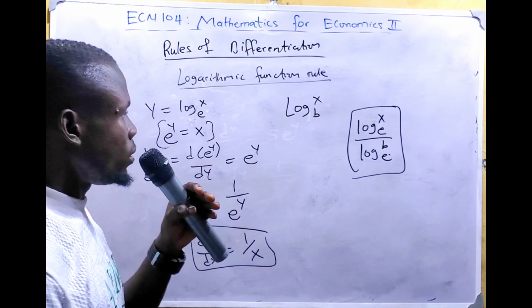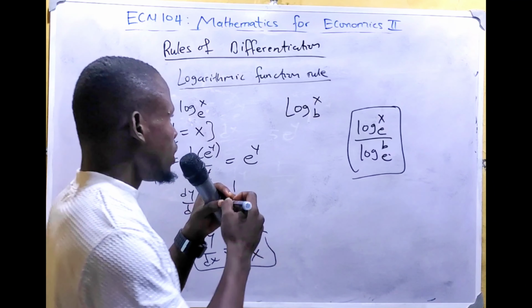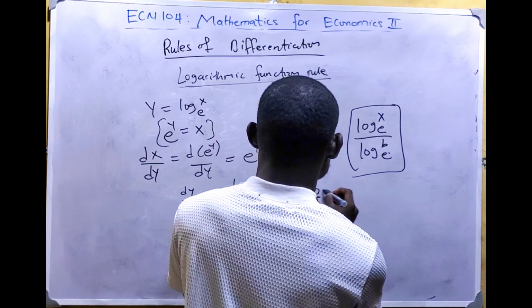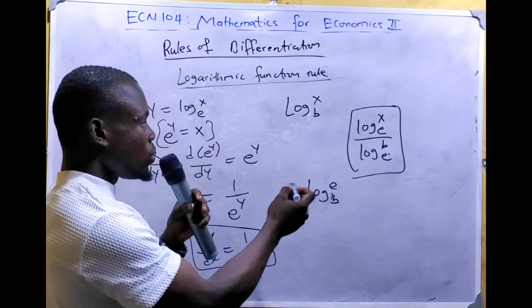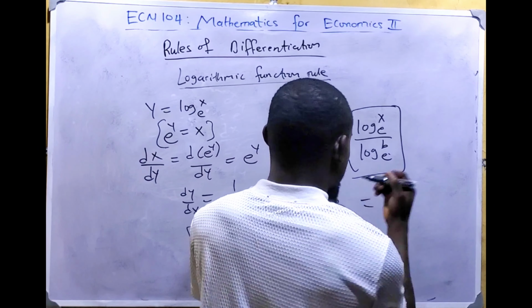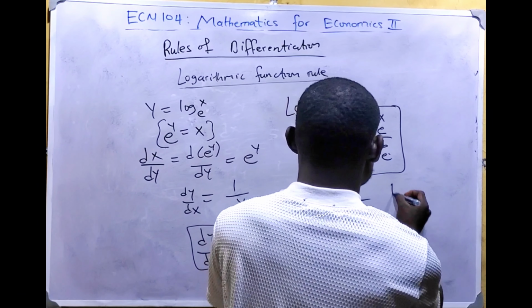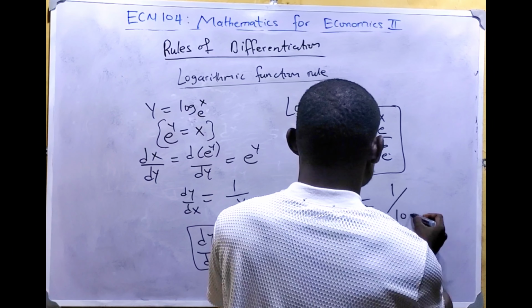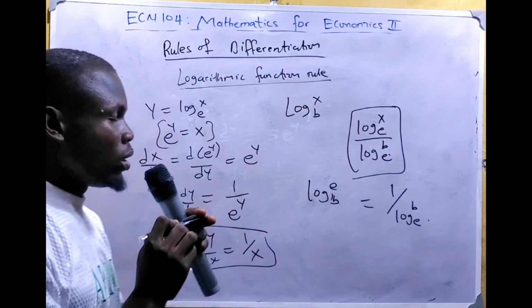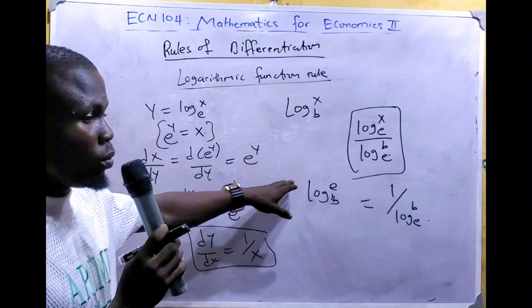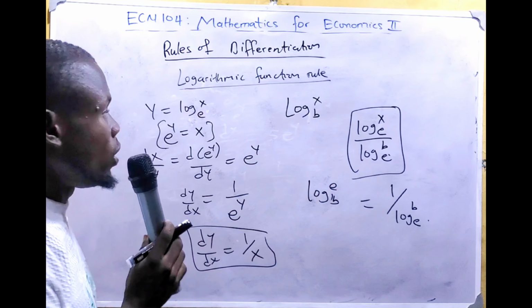It's as simple as that. And suppose we are given something like log e base b. To change this to natural log, we just apply our knowledge of logarithms. This is 1 over log b base e. So that's how you change a logarithm from any base to another base.